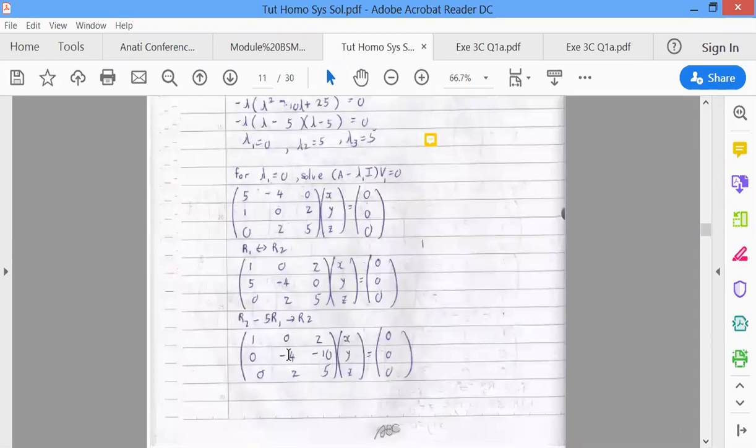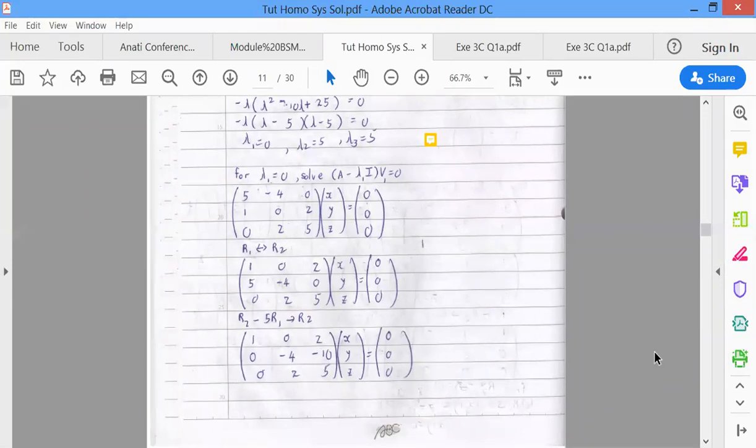Row 2 and row 3 are equivalent rows, because row 2, if you divide by negative 2, you get 2, and negative 10 divided by 2 gives 5. So 2 and 5, the same coefficients, mean row 2 and row 3 are the same.